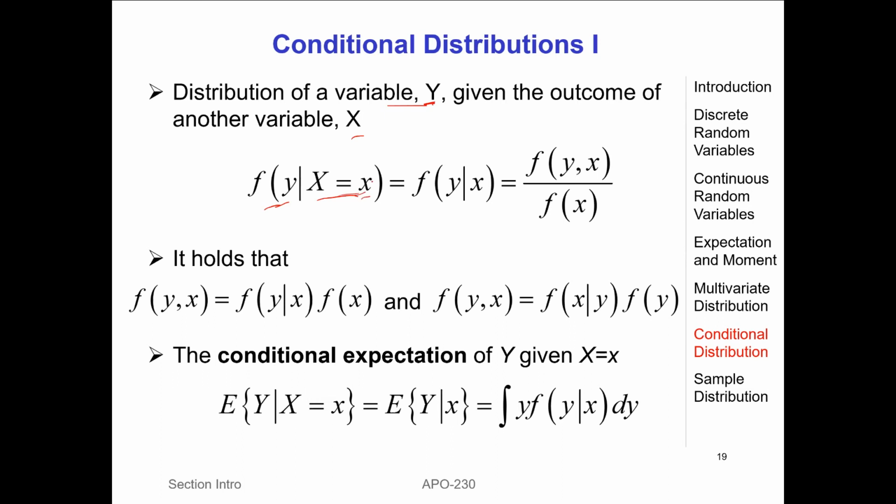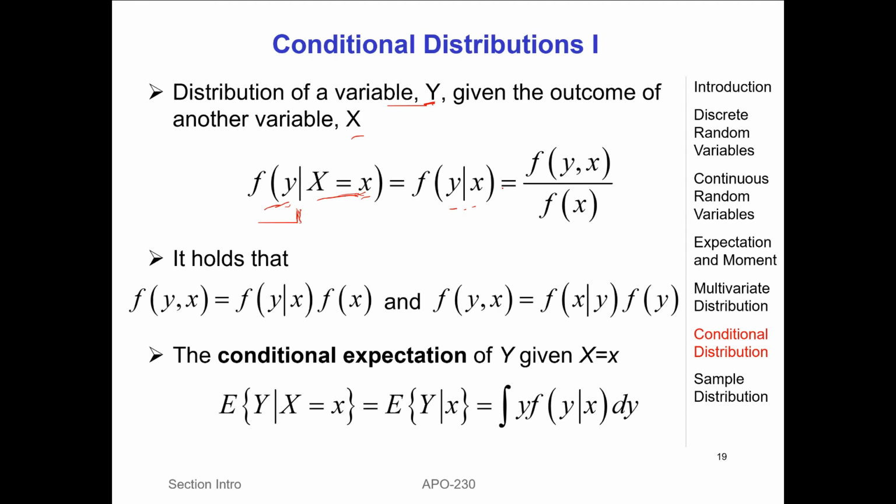how likely each possible outcome in Y is, given the fact that the tax rate is at this small x value. For that, we have the conditional probability density function, denoted again by the small f as before, but inside the bracket we have the small y with a bar. This bar usually means conditional upon something: X equal to a certain outcome, small x. So f of y bar x means the same thing.